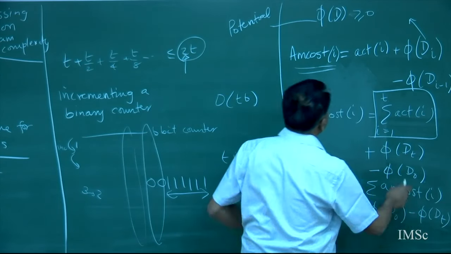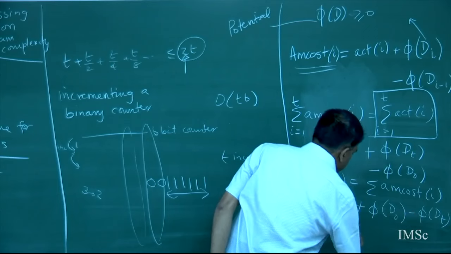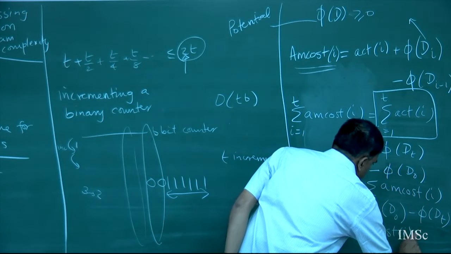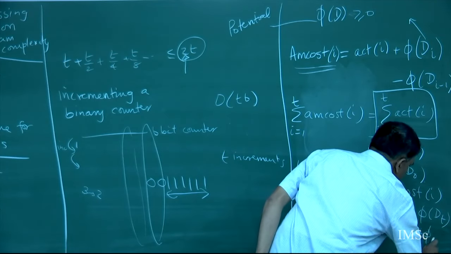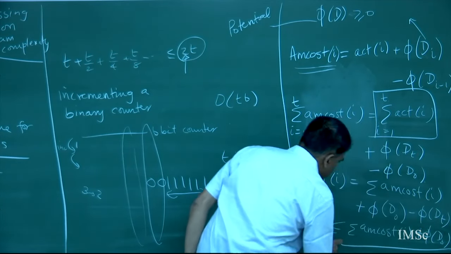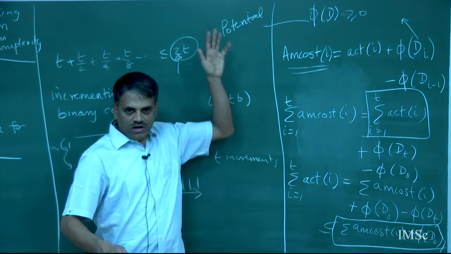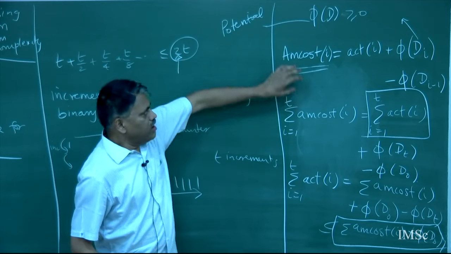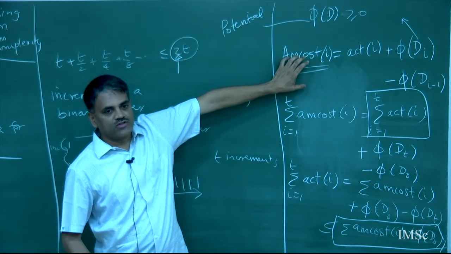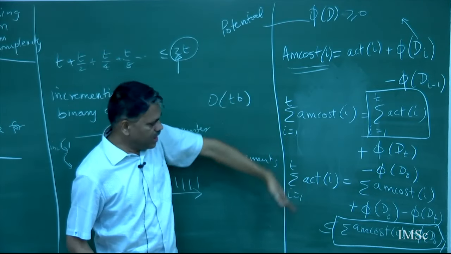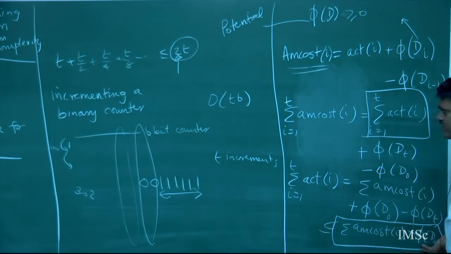If I ignore the final potential, because phi is always greater than or equal to 0, then the total actual cost is less than or equal to the summation of amortized cost. Typically you start with initial potential 0, otherwise you can compute the initial potential and add it, and we want an estimate for it.